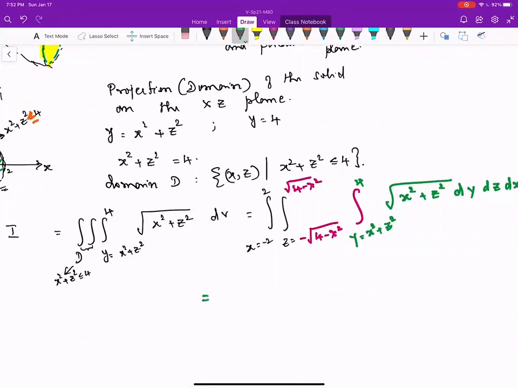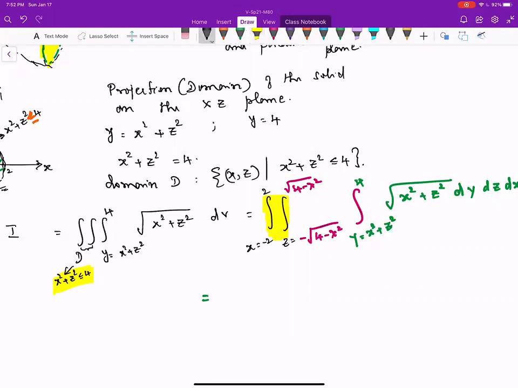Instead, what we are going to do, we have handy polar coordinates. We are going to combine these two integrals. It is only over a disk, x square plus z square less than or equal to 4. So for that part, we can actually use the polar coordinates.